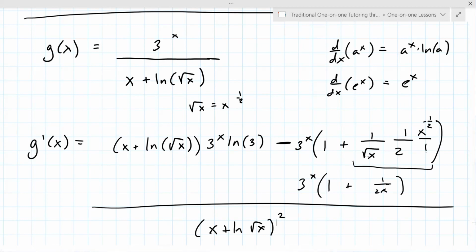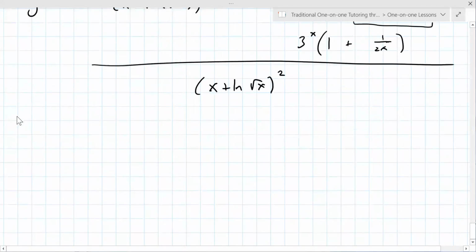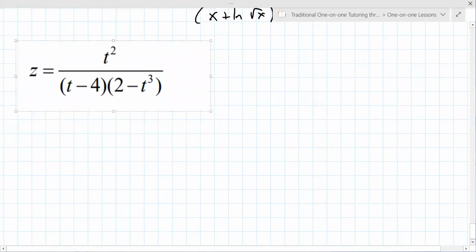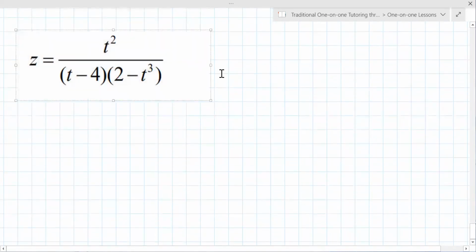Let me pull up another problem, but I don't want us to do it. I just want to make a comment here, because there are so many of these, I couldn't tell you all of them that you might be asked to do. But this one you have a choice. You can actually foil this before you start, which makes the derivative easier.